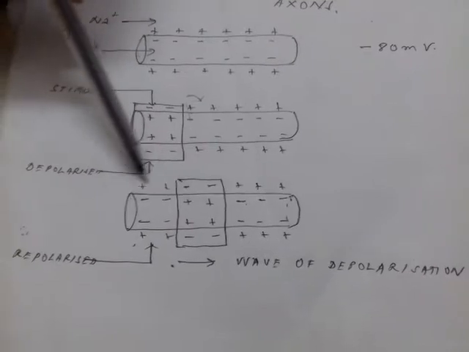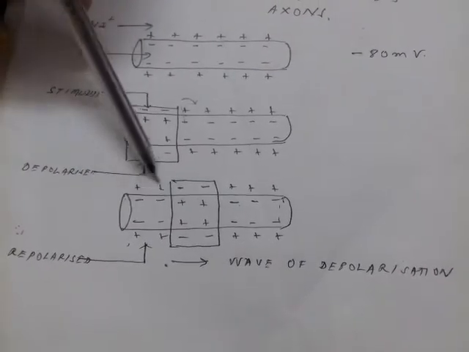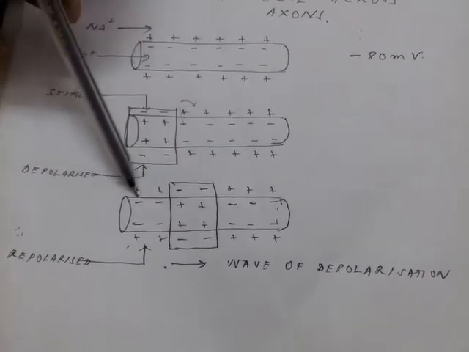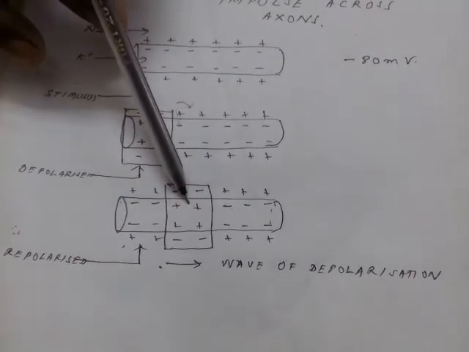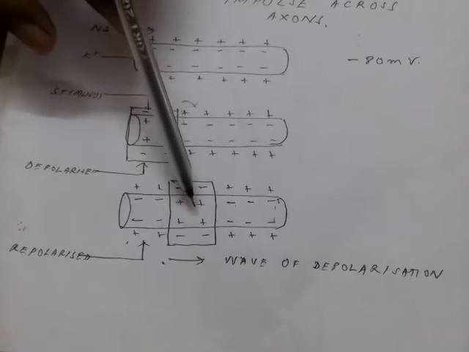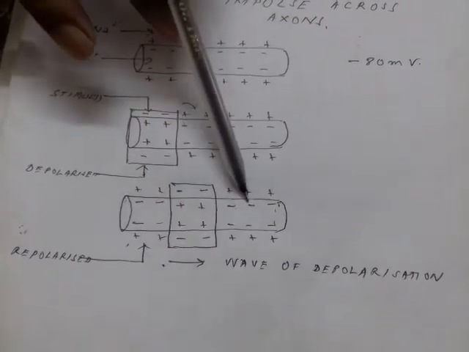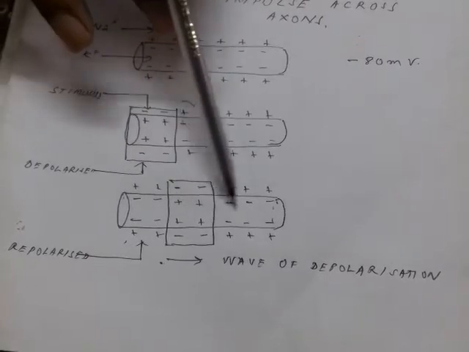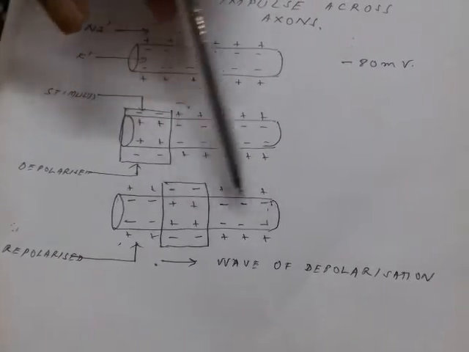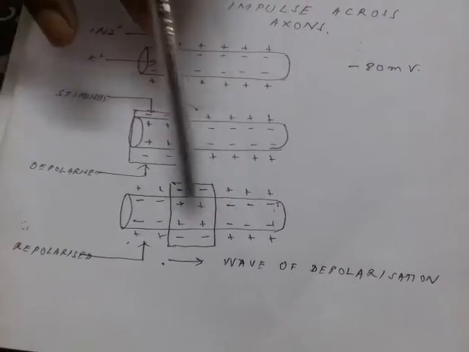So positivity is maintained at this place, and this is what we call a repolarized place, because the wave of depolarization has already gone to the next place. Like this, the depolarization wave will go from here to the next place, and then to the next. So a local circuit develops and the wave of depolarization moves from this side to this side. This is how the impulse is transmitted across the axon.